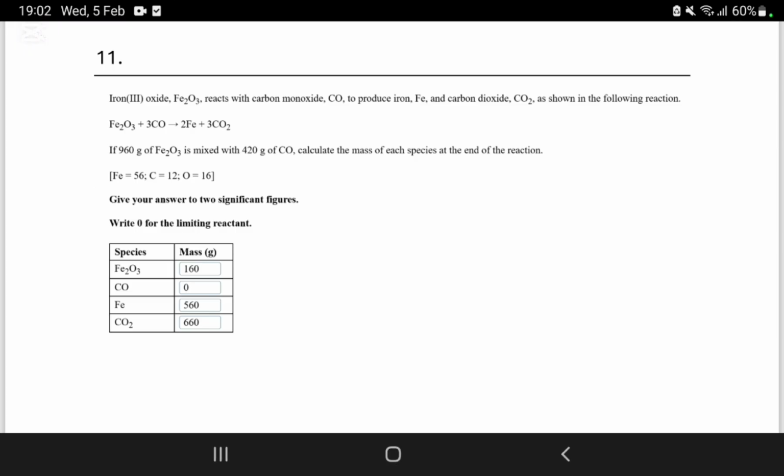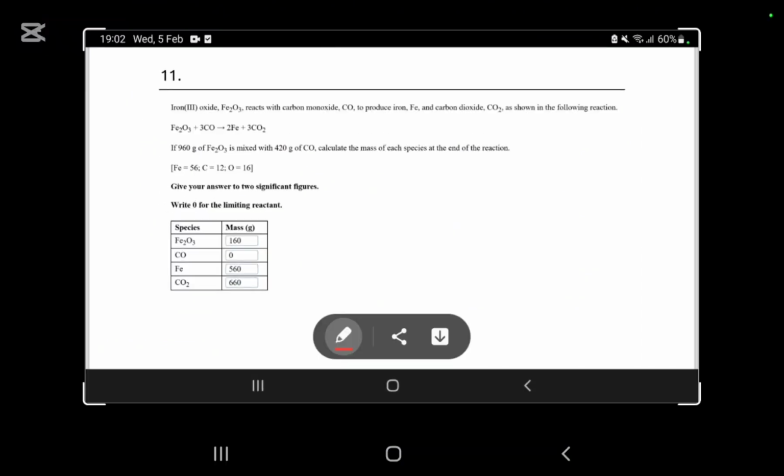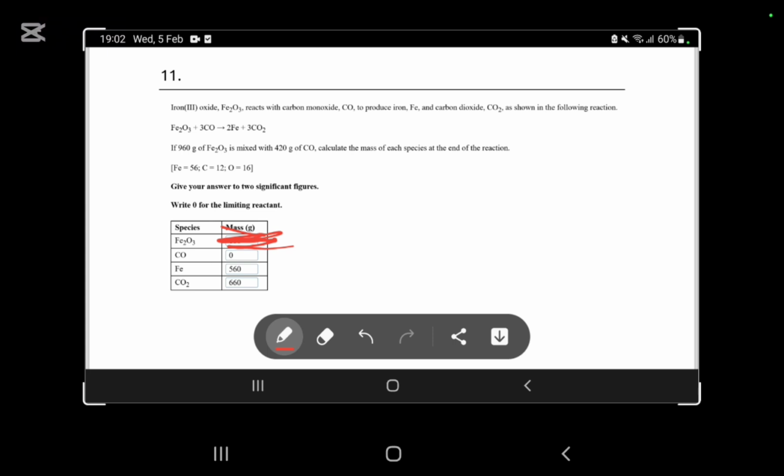As we said, the limiting reagent was 5 moles. But part A for Fe2O3 is wrong here, so let me just remove it. And CO is 0, we already figured out that it's the limiting reagent.